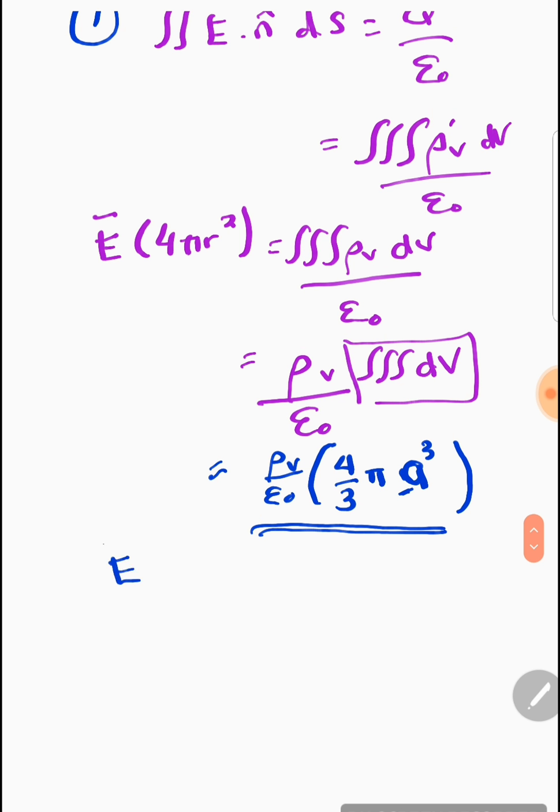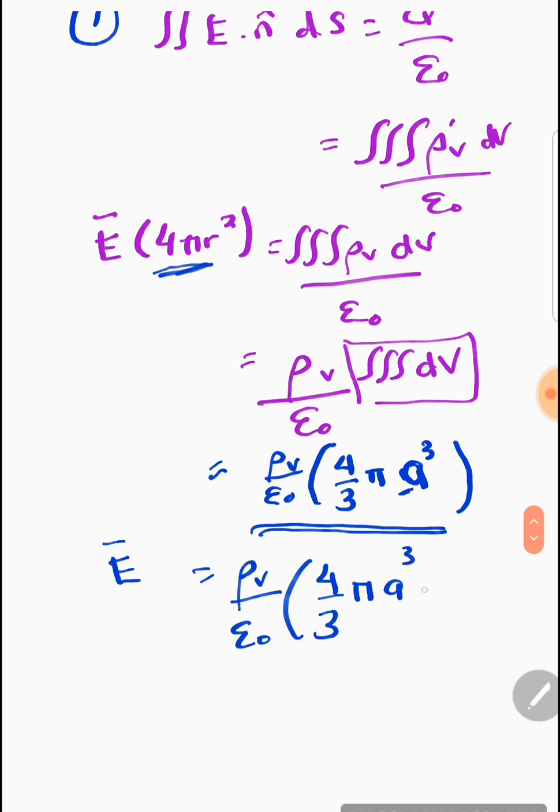And therefore, if you want to get your electric field, I'm just going to put this left hand side to the other side. Then it becomes rho v over epsilon naught, 4 over 3 pi a cube, and then this will be 1 over 4 pi r cube.